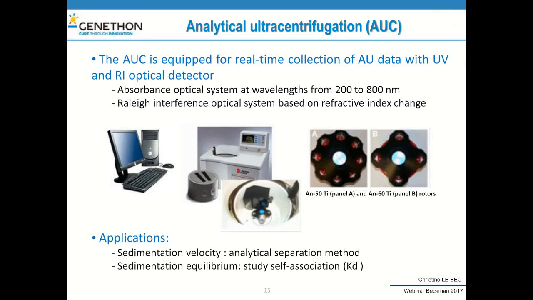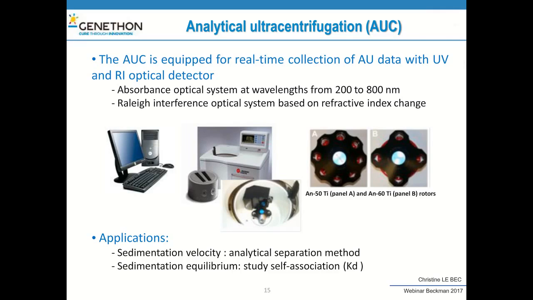So let's go back first to the principle of analytical ultracentrifugation. The AUC is a technical tool that gives you a very good real-time collection of signal data by absorbance and Rayleigh interference systems, and you can follow the sedimentation of your profile over time.